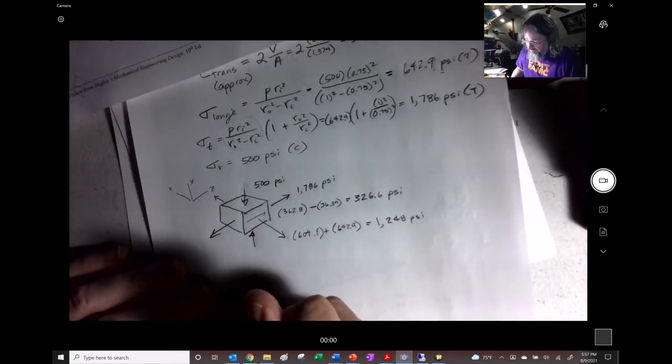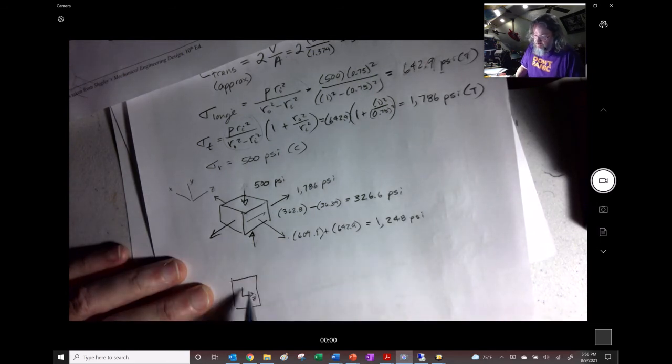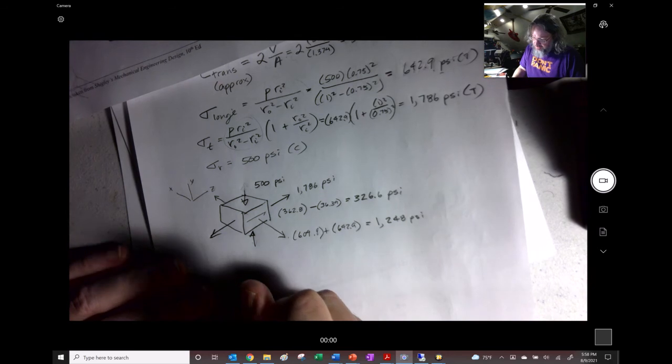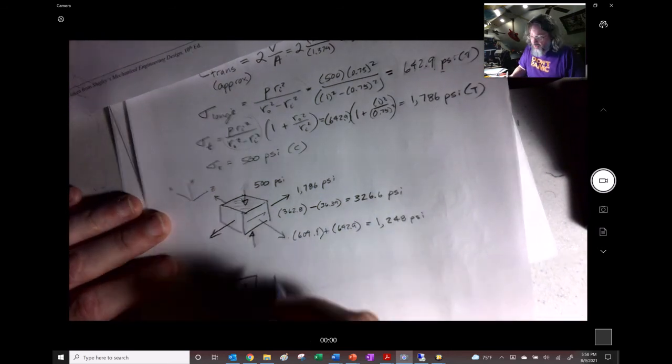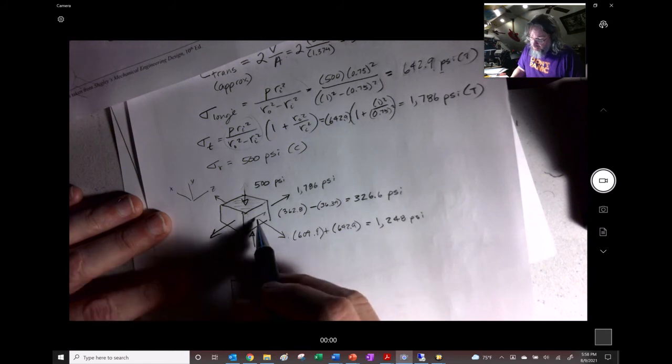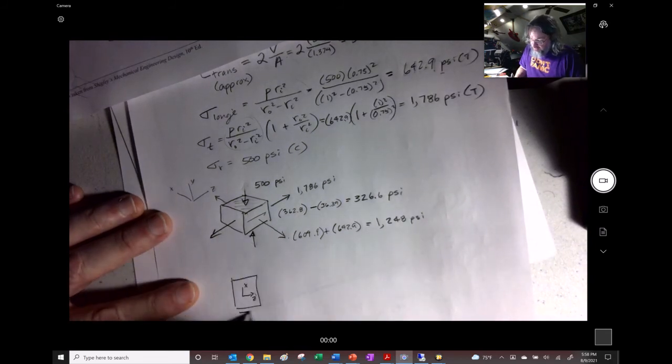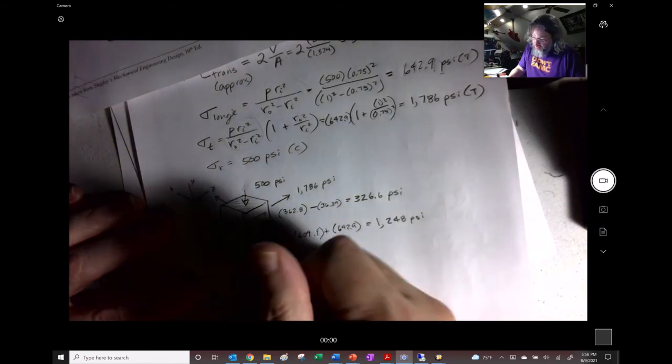We'll recognize that the radial is there. So that direction is Z, and this direction is X. We're looking at that face, looking down upon it. And if that's the case, that goes in that direction, right?